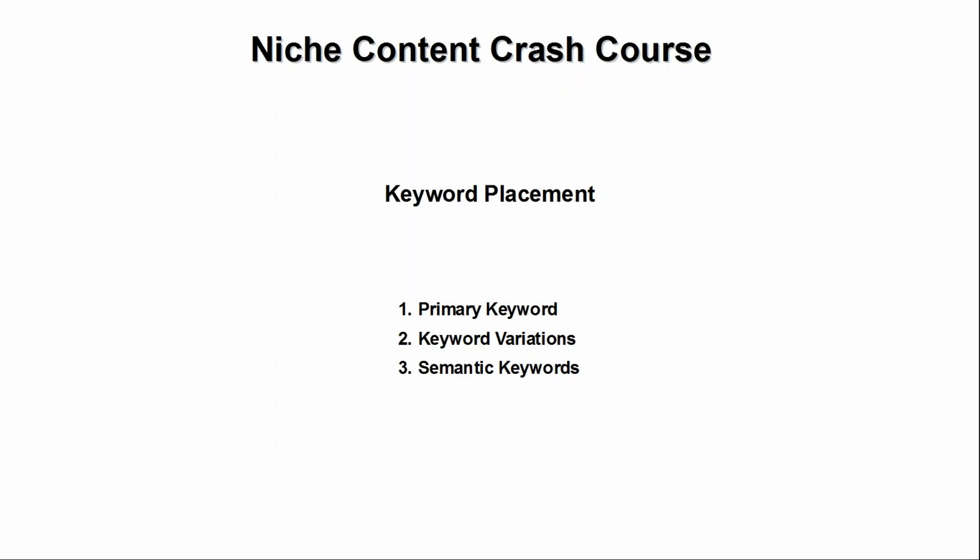Now, ultimately, where you put these keyword variations is not super important. I try to use them where I feel like there's a need for them. If I feel inclined to repeat my primary keyword phrase in my writing, and I already know that I've used it enough times and I shouldn't be using it anymore, I will try to instead use one of my keyword variations in place of one of those primary keyword phrases.